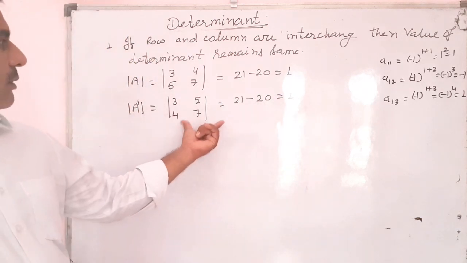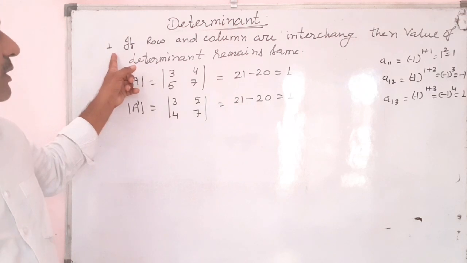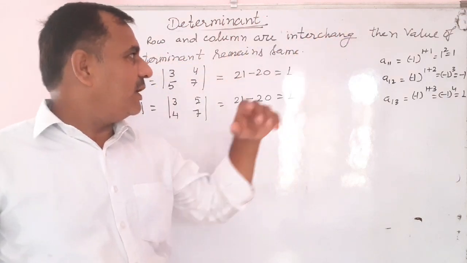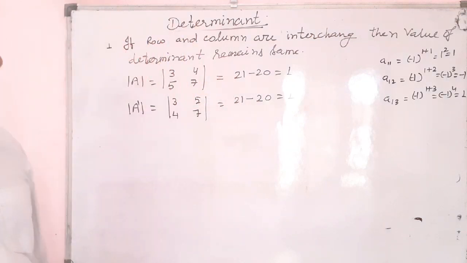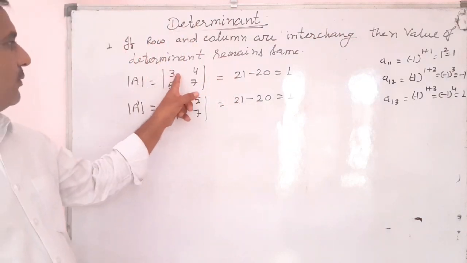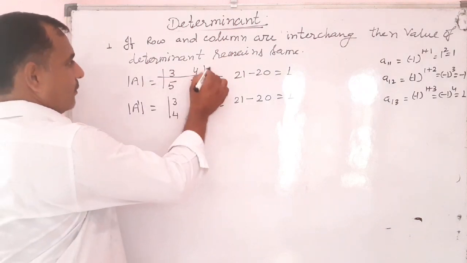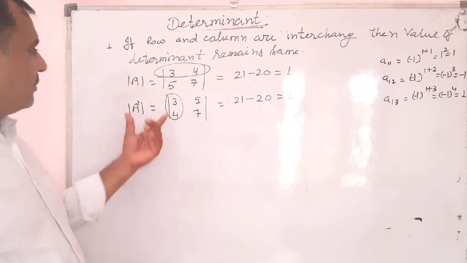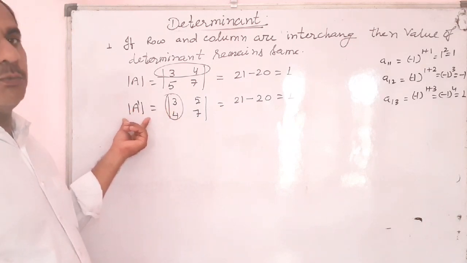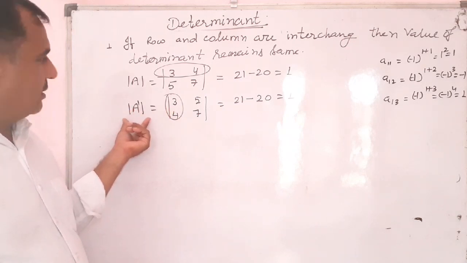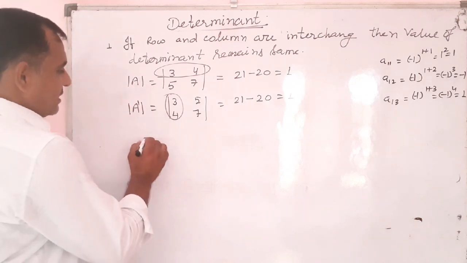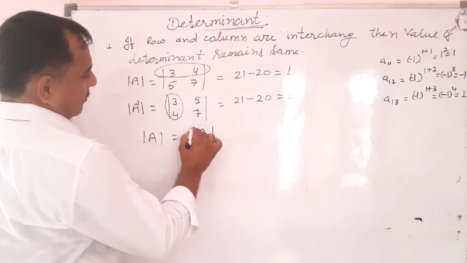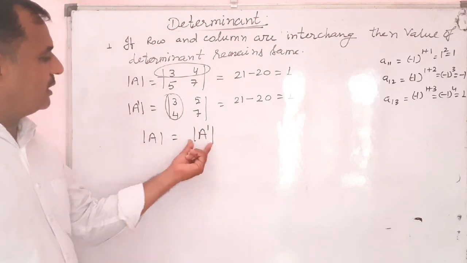Then property number 1: row and column are interchanged, then value of determinant remains same. First row converts into the column. In the matrix we find the transpose of the matrix A. Then we can say the value of determinant A equals value of determinant A dash.